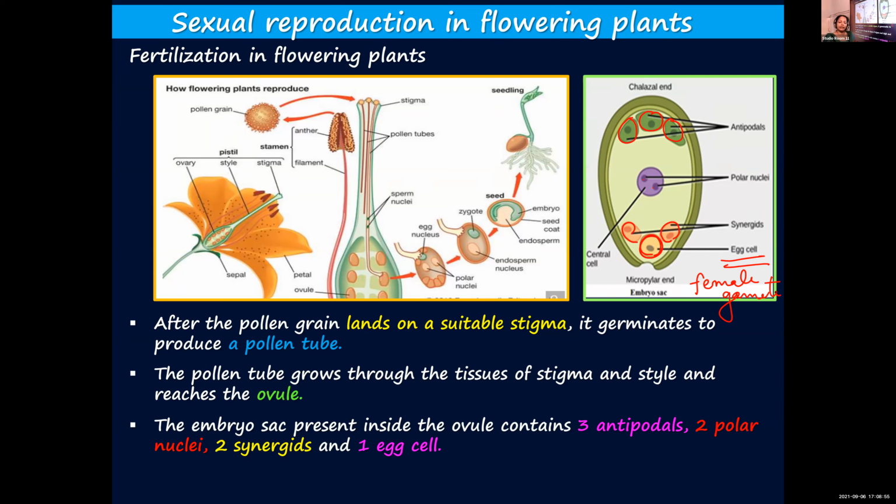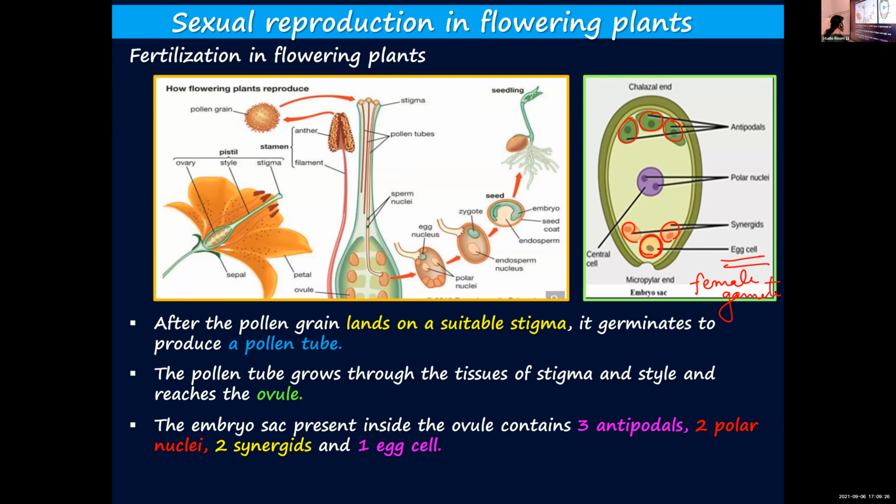The pollen grain has 2 male gametes. If they remain on the stigma itself, they cannot fuse with the egg. It has to make a bridge and reach the egg cell inside the ovule. So through the pollen tube, the two male gametes will move and reach the ovule.